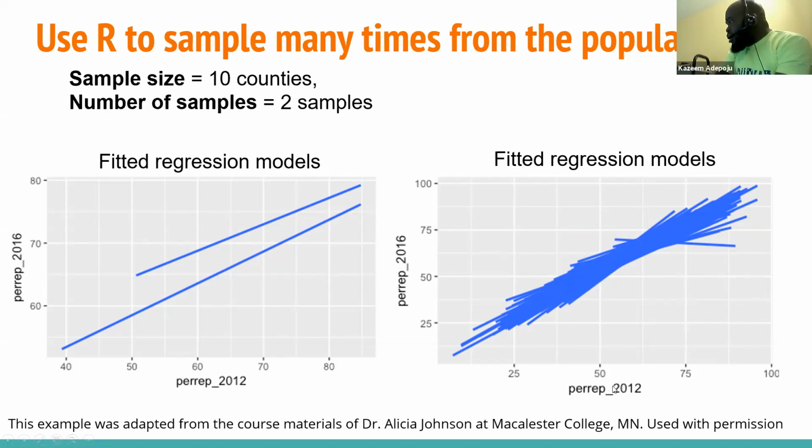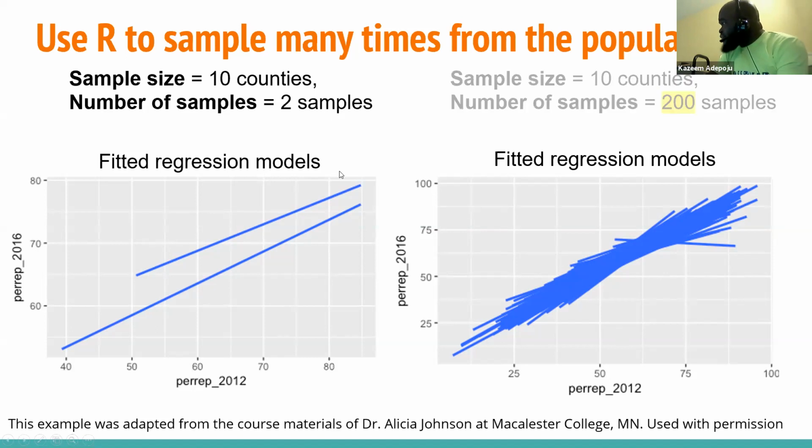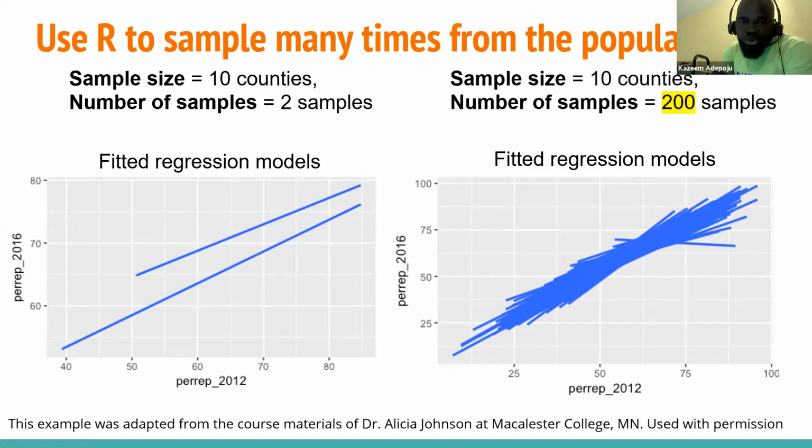Now, when I come to this side, you can see that there's a lot of lines, right? It means I've chosen more than 2 samples. If I want to know, I go into that and I choose 200 samples. What do I mean by 200 samples? The number of repetitions is 200 here, but on each occasion, I choose a sample size of 10.